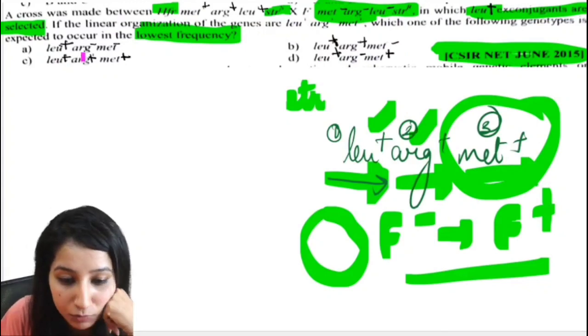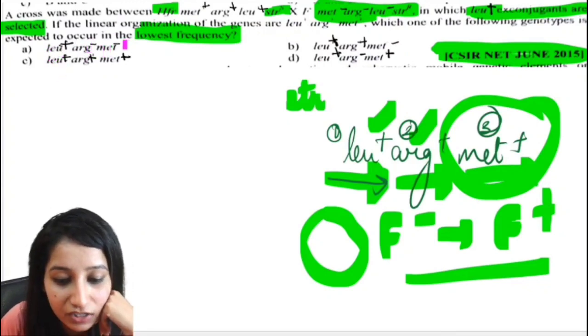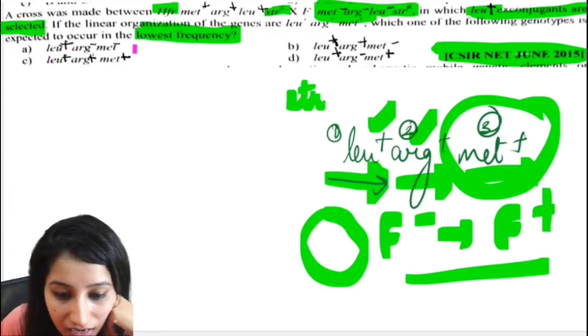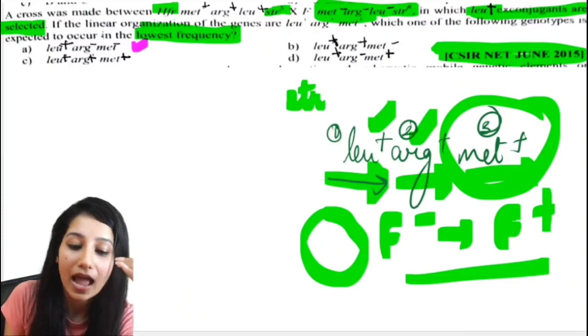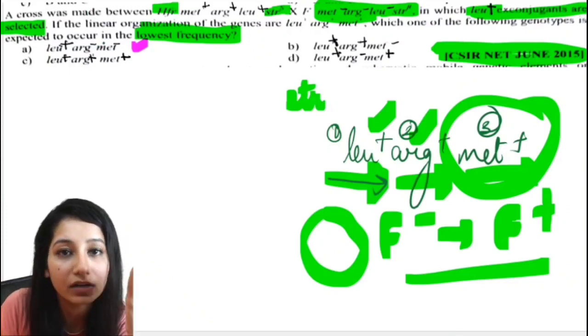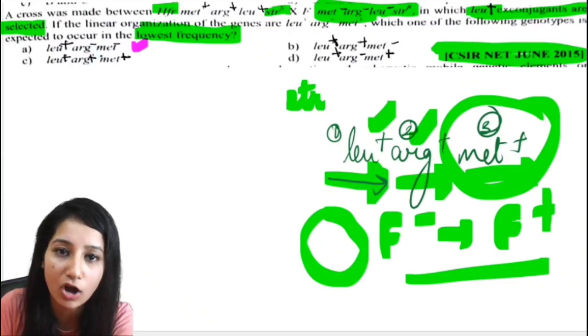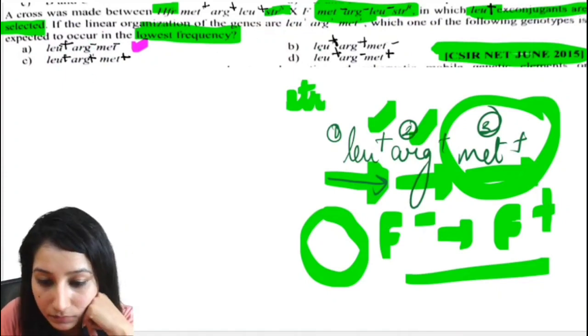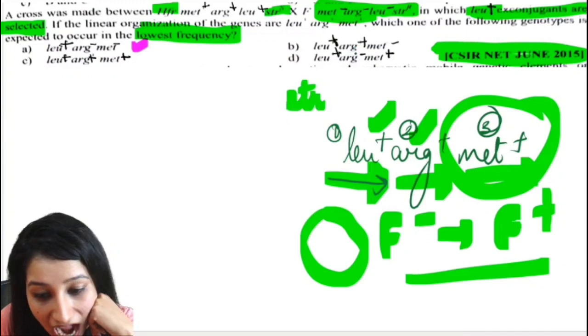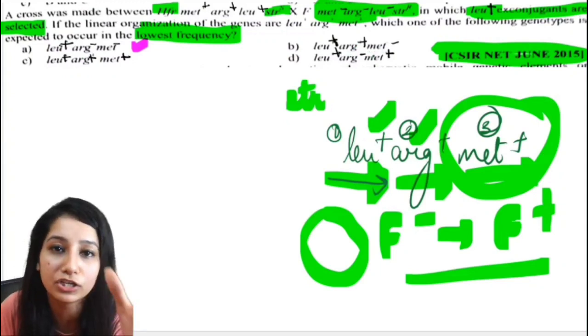Now let's see the options. Option 1 is leucine positive, arginine negative, methionine negative. This will be at high frequency because as long as leucine is transferred, the gene transfer can stop. So option A can occur normally at high frequency. After that, leucine transferred, arginine transferred and then methionine stopped.